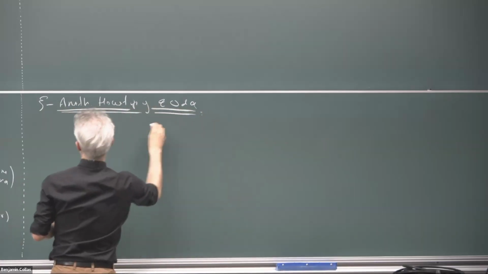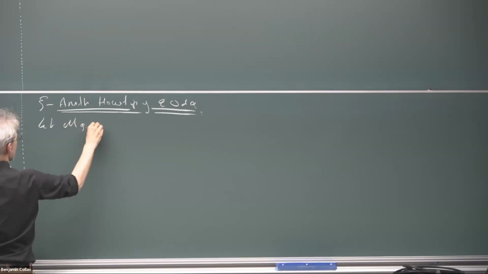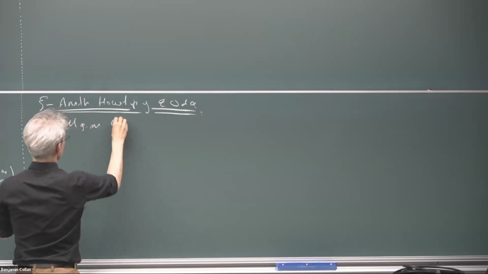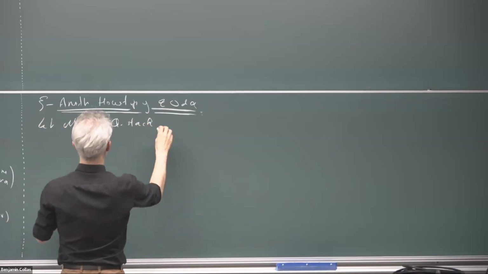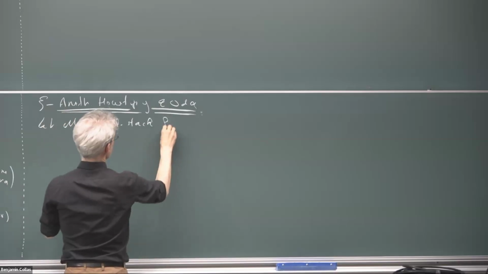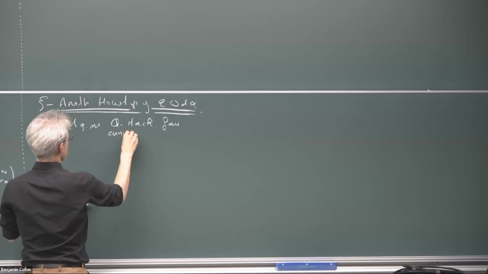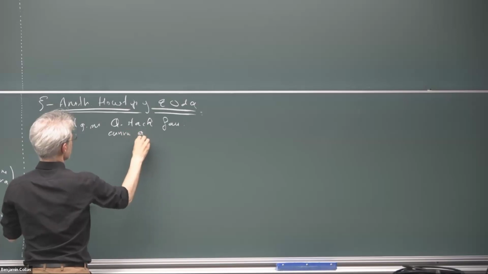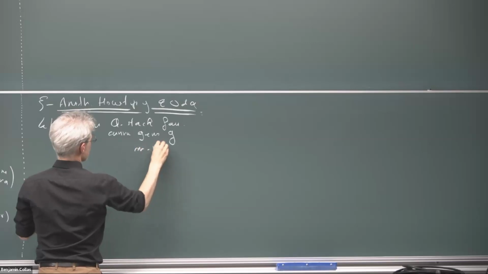So let's begin with the geometric context. I consider M_{g,m}, which is the algebraic stack over Q, the Deligne-Mumford stack, of families of curves of genus g with m points.